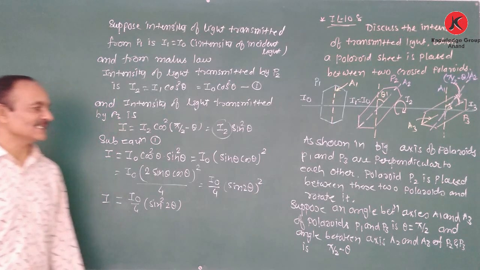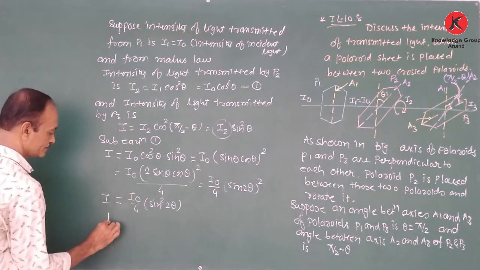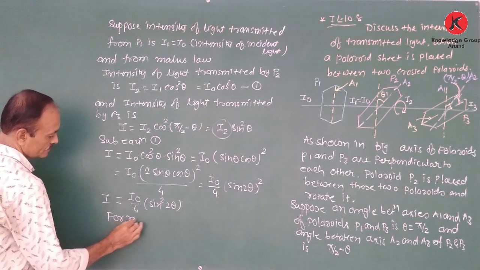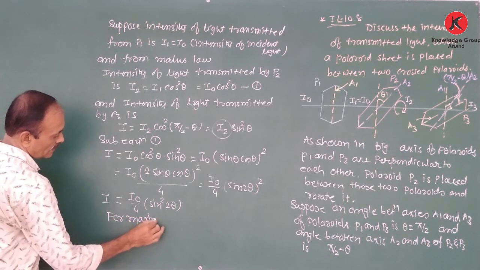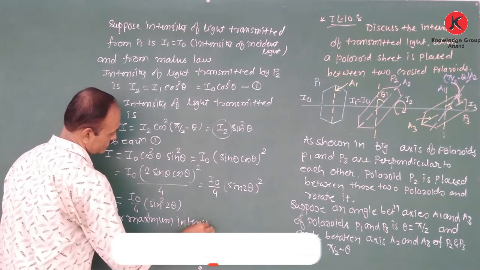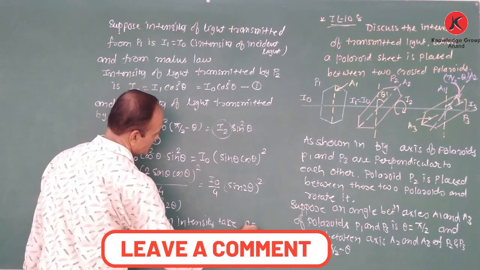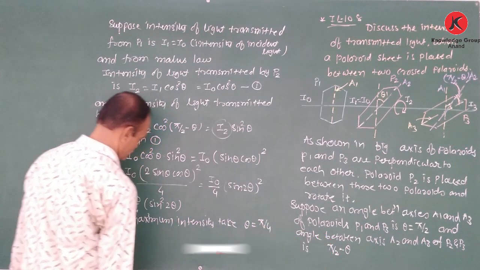For maximum intensity of the light, take theta equal to pi by 4.